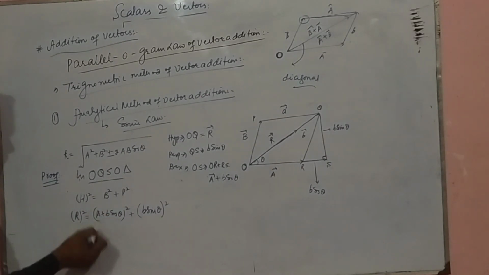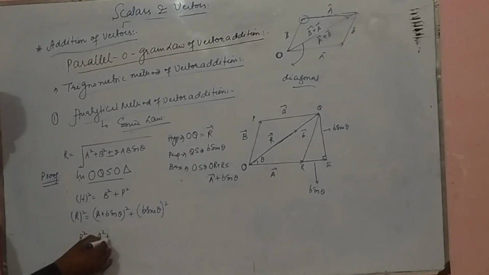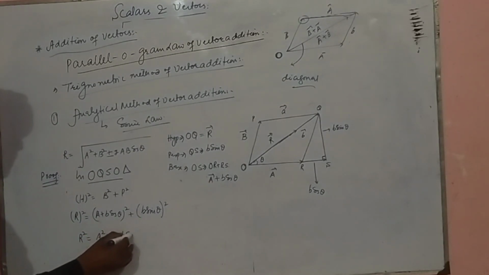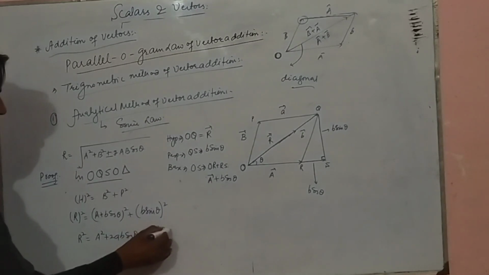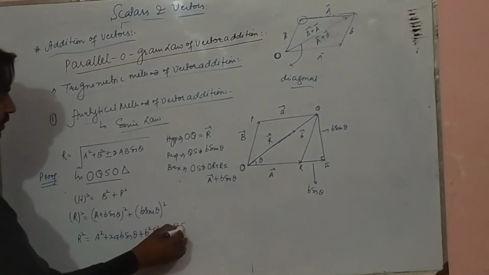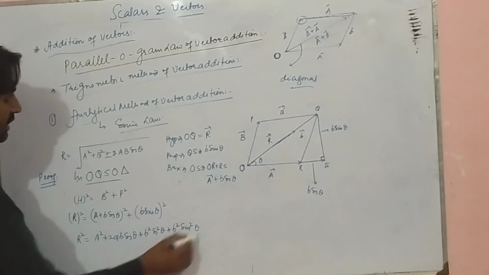After solving with the A plus B whole square formula, we get R square equals A square plus 2AB cos theta plus B square cos square theta plus B square sin square theta.